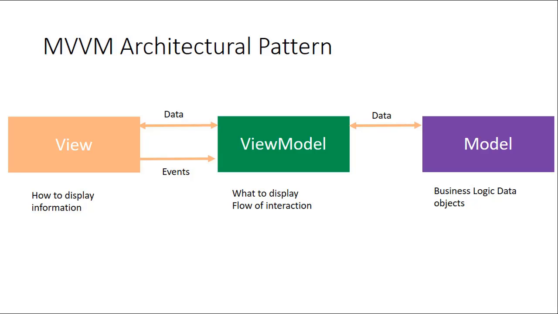The view model will interact and pass some data back, and what that view model is doing, it's interacting with your model, your business logic, your data objects, maybe your SQL databases. So this way your view is not talking directly to your data, it's talking through a view model.